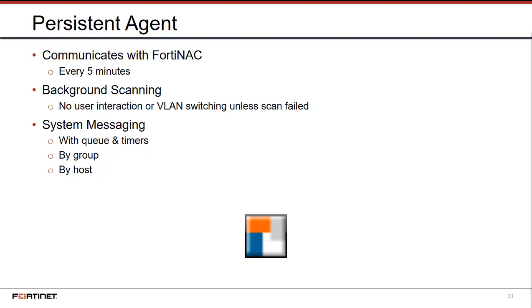And this also gives us the ability for system messaging. So the agent has a built-in messaging component that an administrator can use to send a message to a host that has the persistent agent and have that message pop up on the screen of the host.